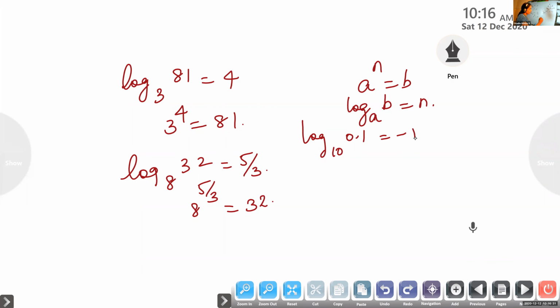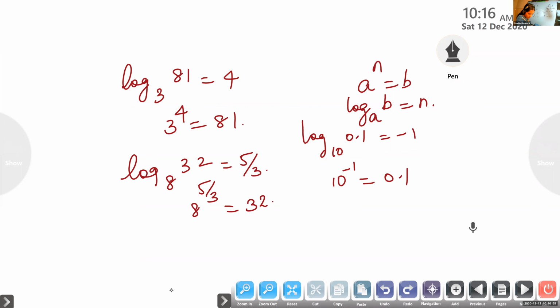Louder. Can't hear at all, Aditya. Can you repeat it? 10 raised to minus 1 is 0.1.